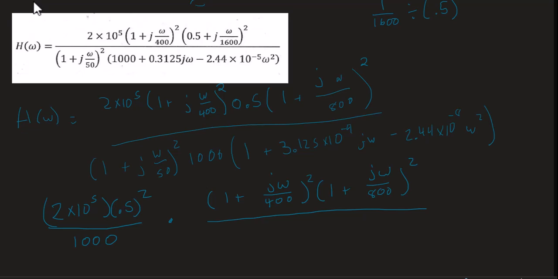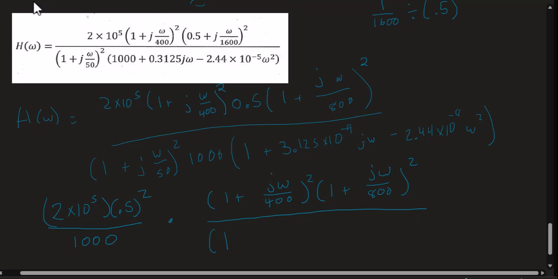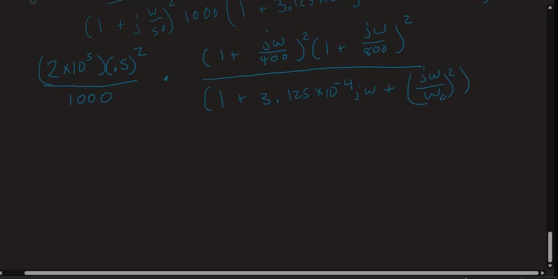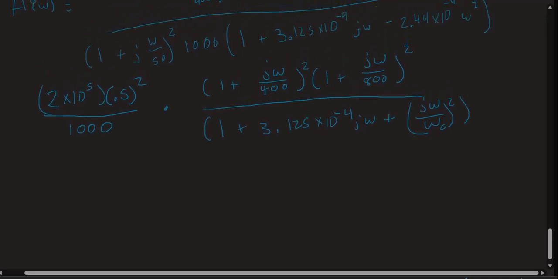Now, in the denominator, what I need to do is figure out what this is as j omega over omega c, squared.